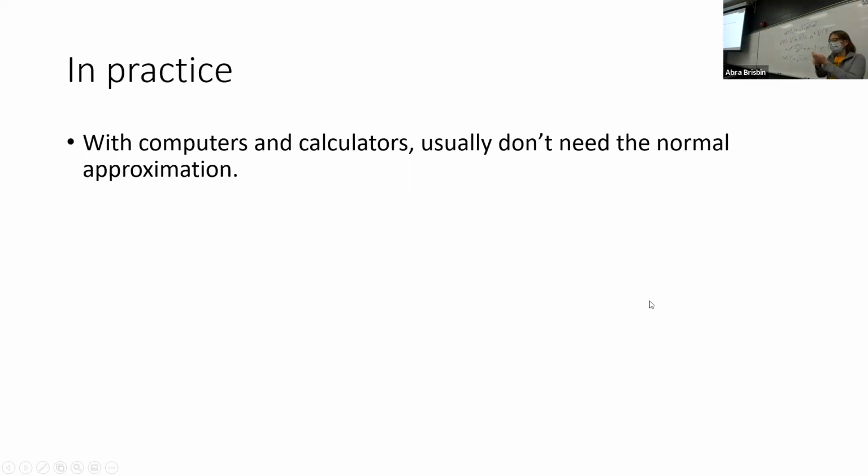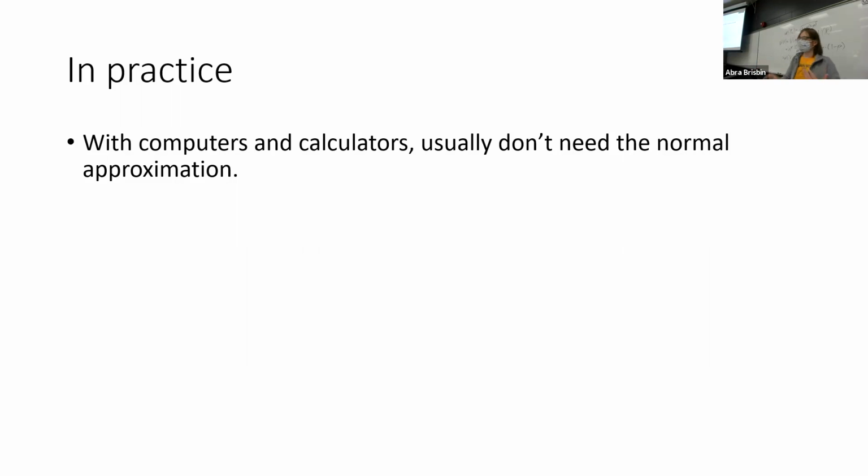Okay, so in practice, nowadays, usually we have access to computers or calculators that can do the binomial distribution and the normal distribution equally easily. So in practice, we often don't end up needing this approximation.